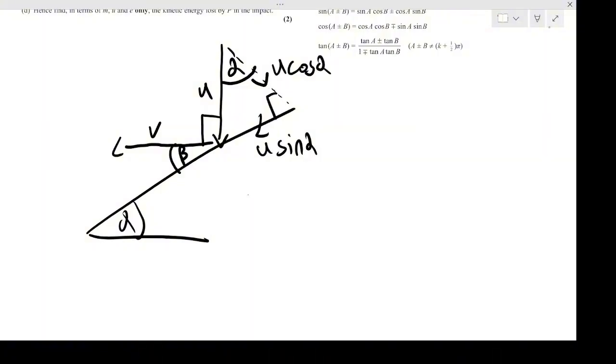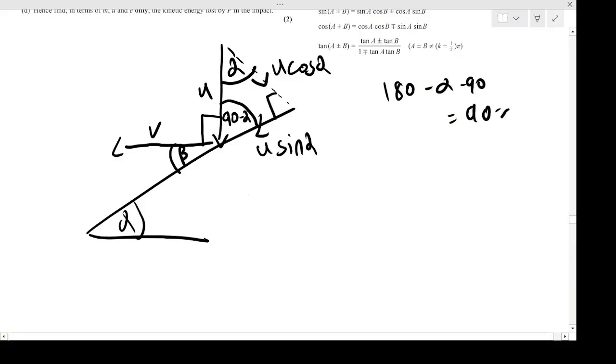If we know, because we've got a triangle here, if we know this is alpha and this is 90, we therefore know that this angle here is going to be 90 take away alpha, because all three angles have to add up to 180. If we did 180 take away alpha take away 90, that indeed gets me 90 take away alpha for the last angle there. Hopefully happy that this angle is 90 take away alpha. Hopefully happy with me here.